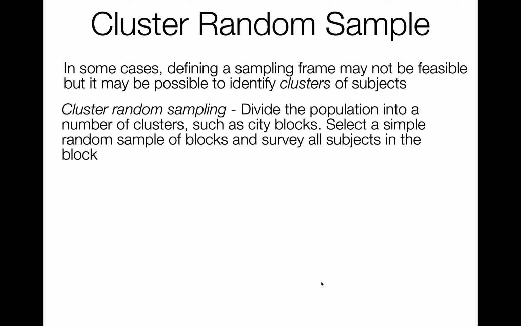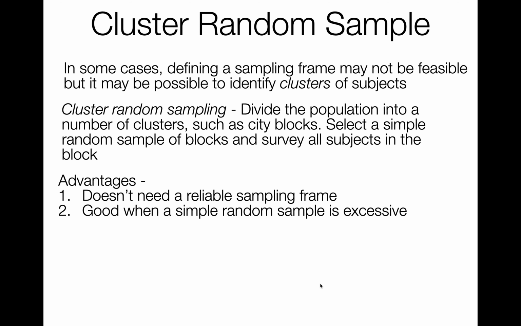So I select, I don't know, the 1st, the 4th, and the 20th block. I select those, and then I go to those blocks and I try to survey every single person in that city block. Again, maybe not an easy task if the block is a full city block, but still doable.